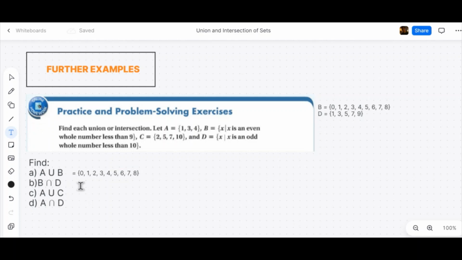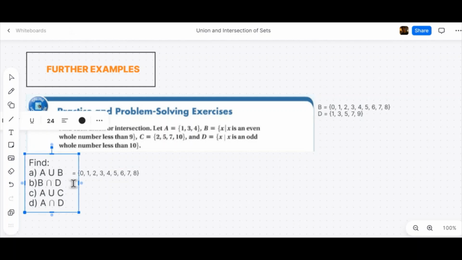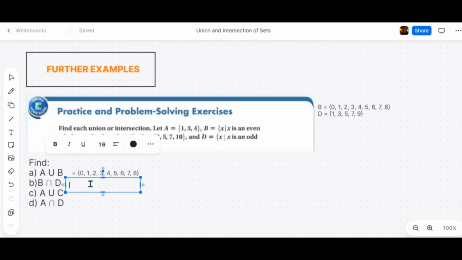Let's proceed with answering the problem letter B. It says intersection between set B and set D. Now set B, it says 0, 1, 2, 3, 4 until 8, and set D, it says 1, 3, 5, 7, 9. Now, do you see any common elements there?